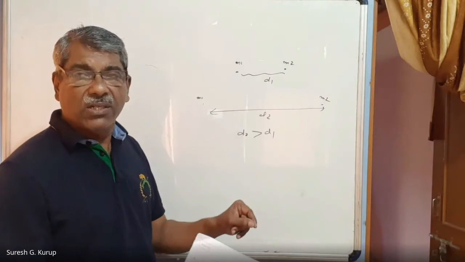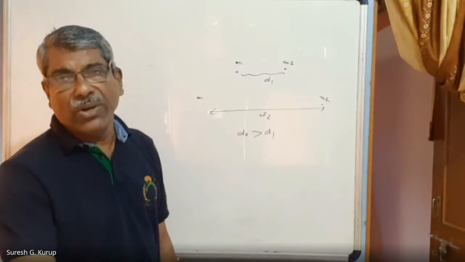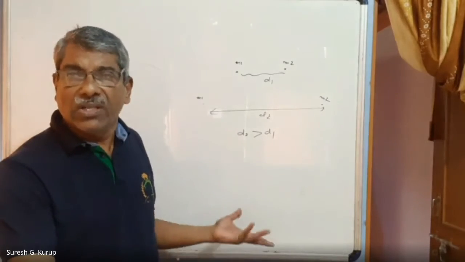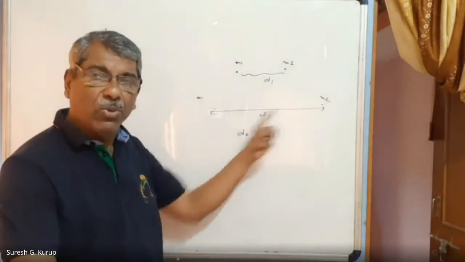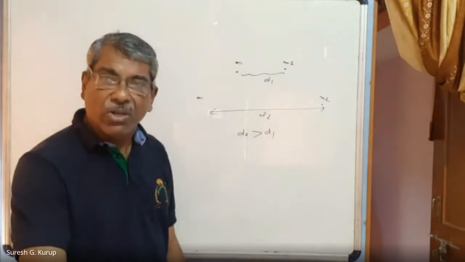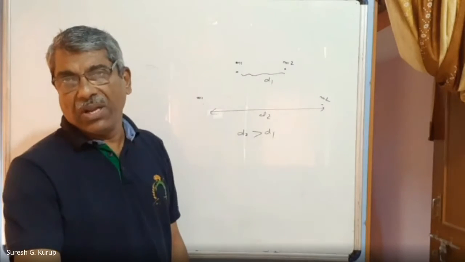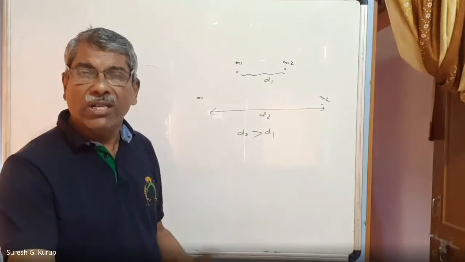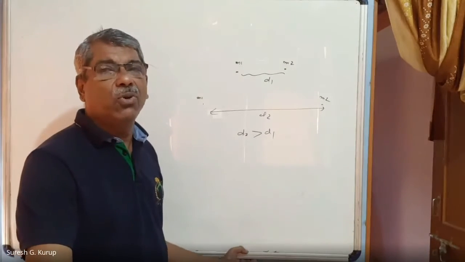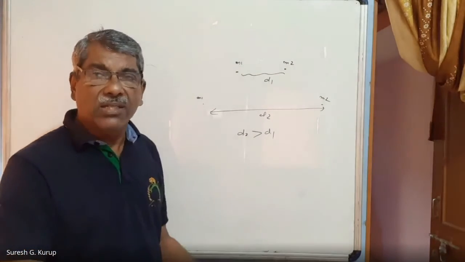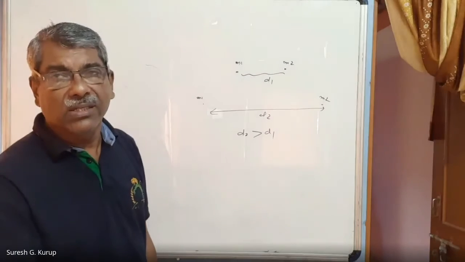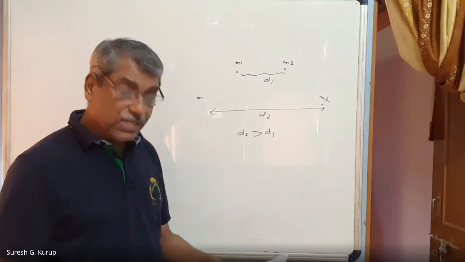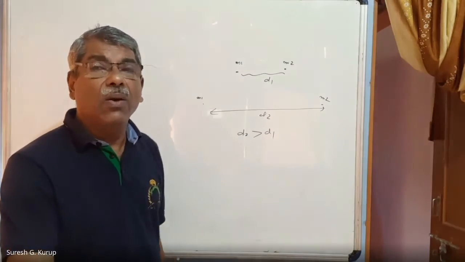As the distance gradually increases, the force goes on decreasing. So we can say that the gravitational force acting on two bodies is not a constant force, but it is variable. It depends on distance. When distance increases, the force decreases. When distance decreases, the force goes on increasing. So such a force is a variable force.